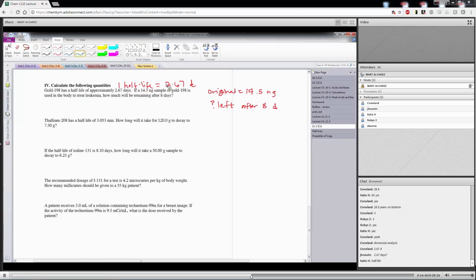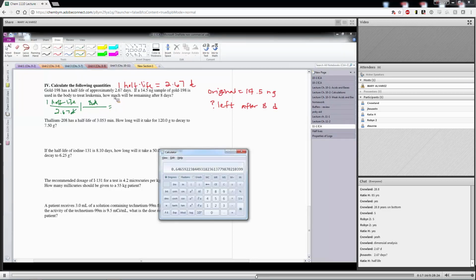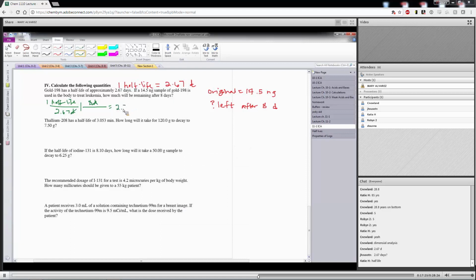And 1 half-life is 2.67 days. Get rid of days. We're going to say 8 days have passed. That'll tell us the number of half-lives that have passed. So 8 divided by 2.67. So we've got 2.996 half-lives.